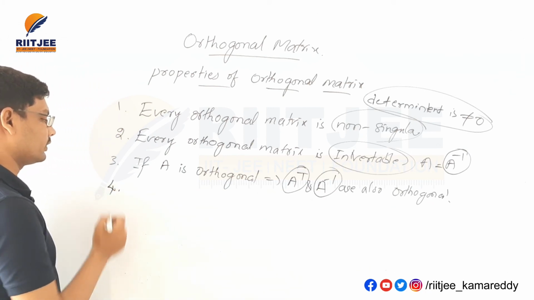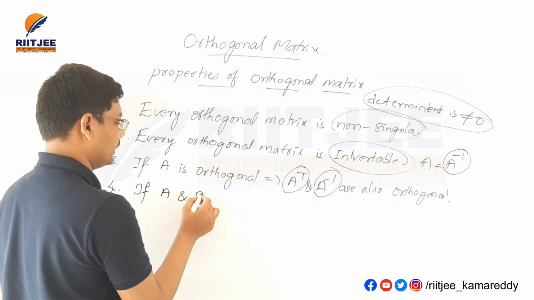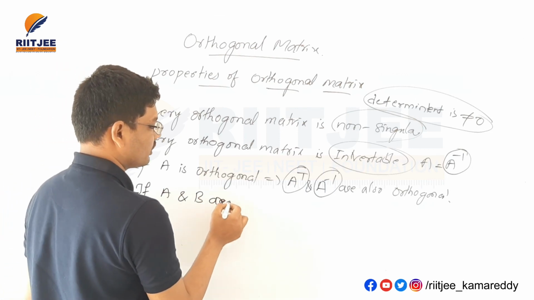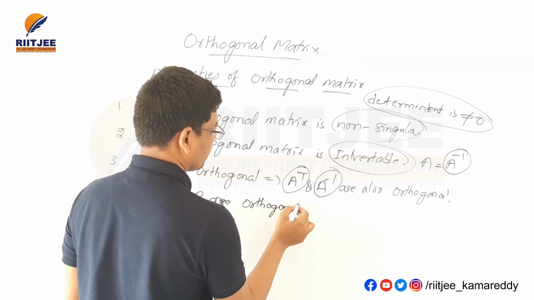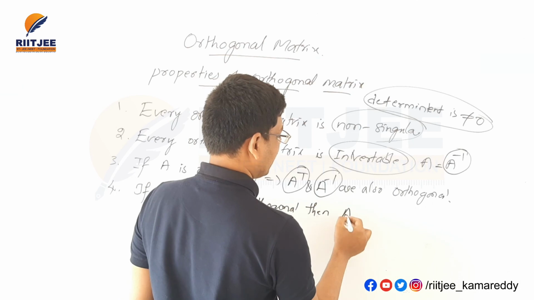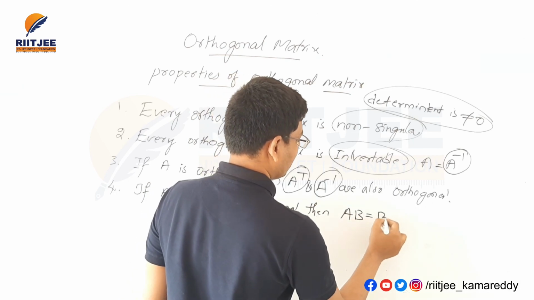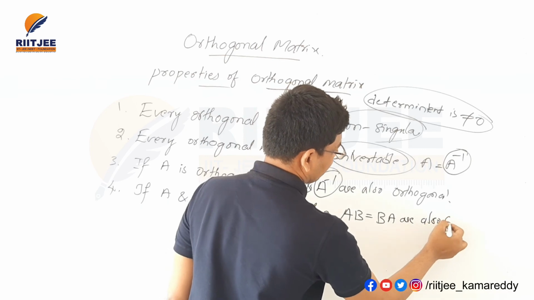And the next one: if A and B are orthogonal matrices, then A into B and B into A are also orthogonal matrices.